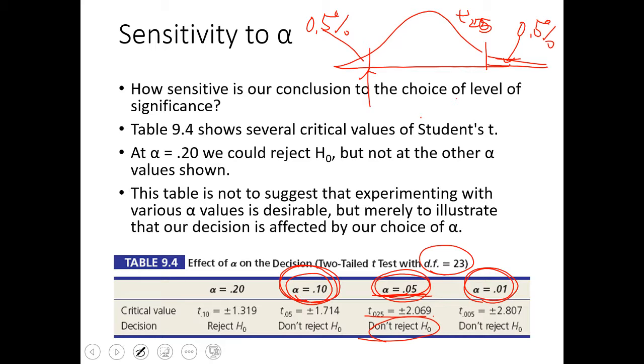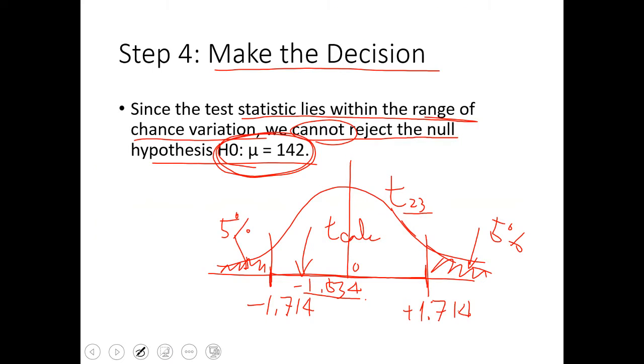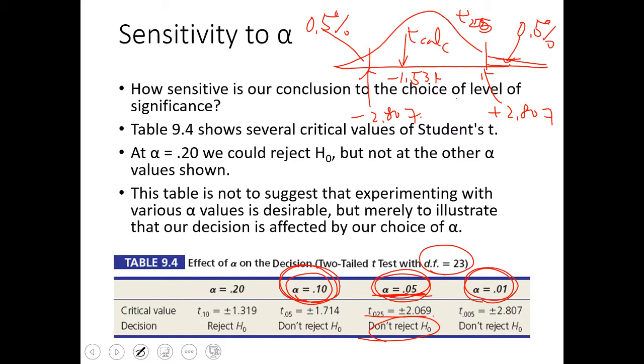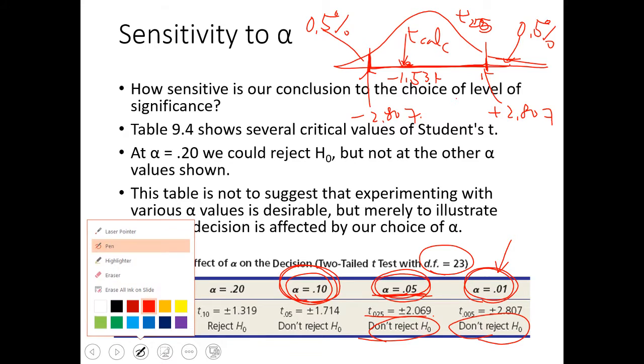This number is minus 2.807, and here is plus 2.807. Our t statistic is minus 1.534, so again, this point is between the interval. So we do not reject the null hypothesis when we select the 1% significance level.